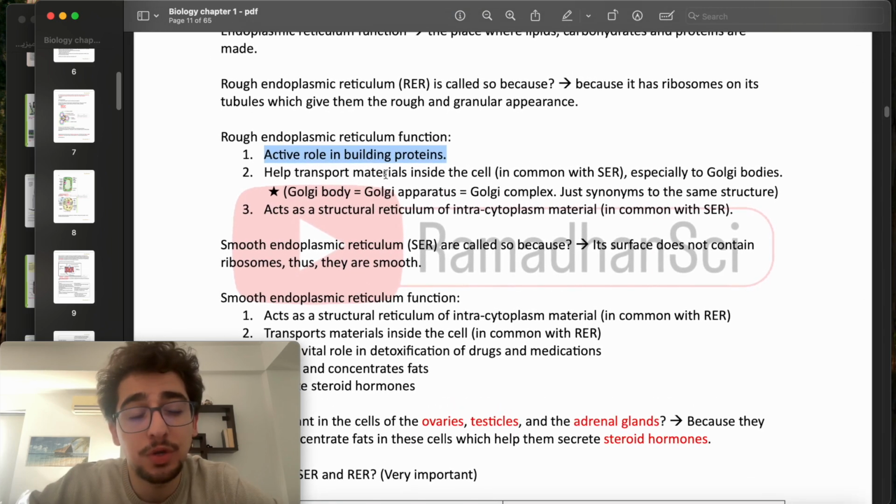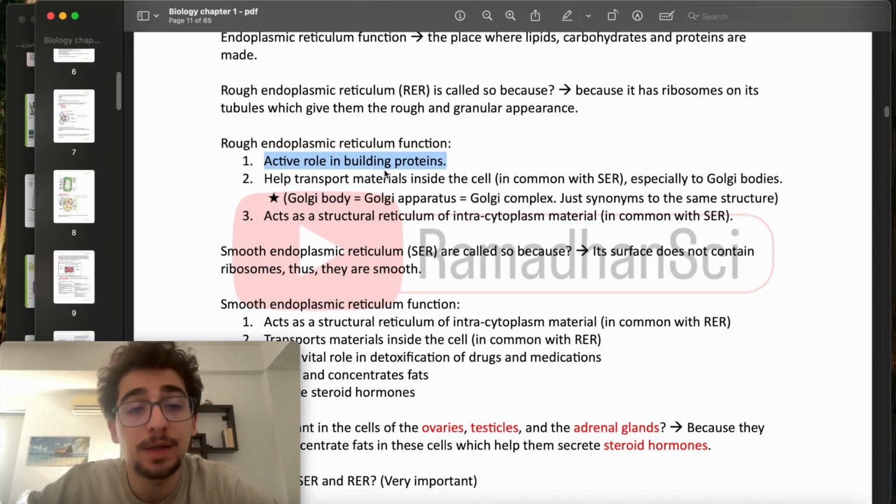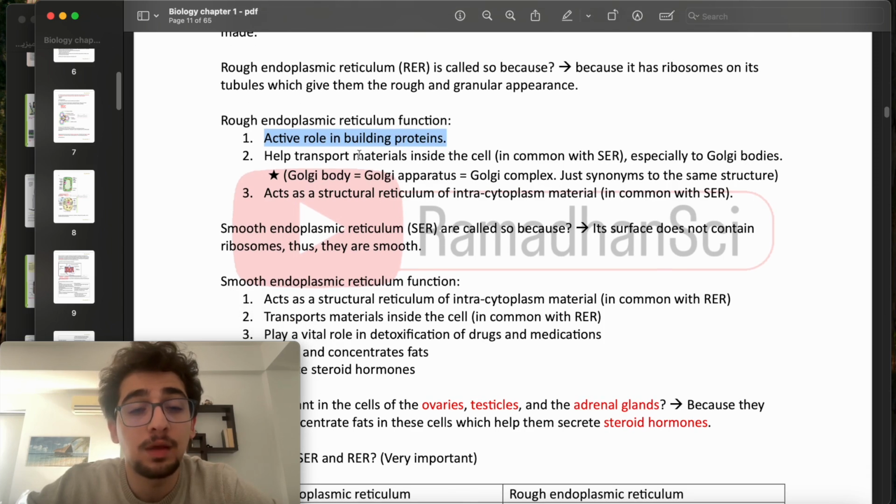Now, in order to remember that, you can just imagine that the ribosomes are the main components of the cell that make up the proteins. So, the presence of ribosomes here makes the rough endoplasmic reticulum also able to build proteins.